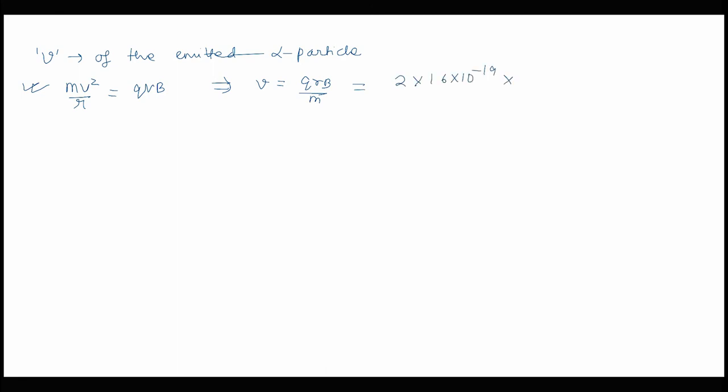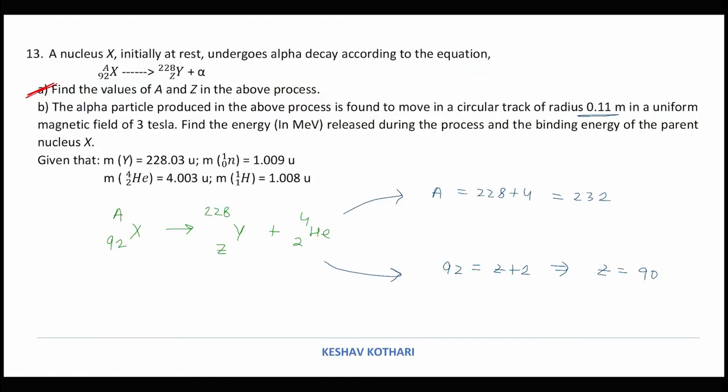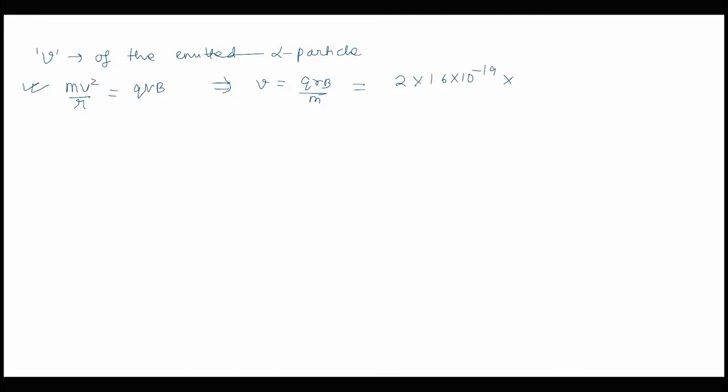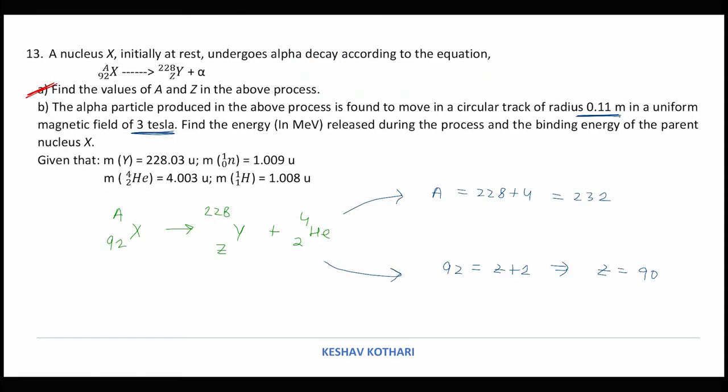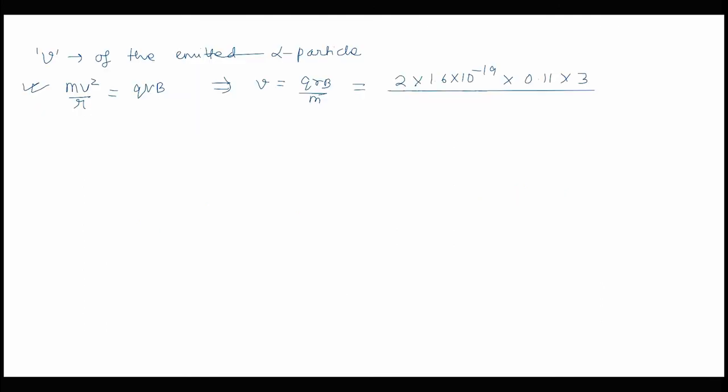It is moving in a radius of 0.11 meter, and 3 Tesla is the magnetic field, and the mass of the alpha particle is 4.003 U. So we can write 4.003 into 10 to the power minus 27 to convert it into kg. From here we will obtain the value of velocity in meter per second. The value of velocity is obtained as 1.59 into 10 to the power 7 meter per second.